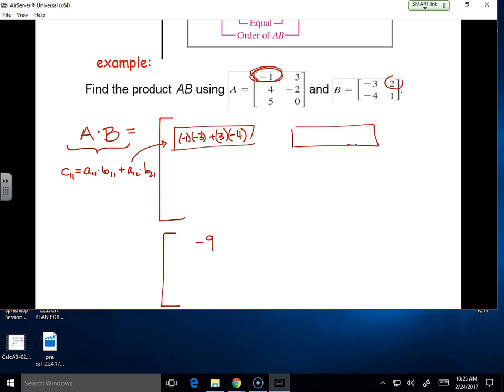A11 times crossover. It's time to do the next column. So negative 1 times 2. Go across, 3 times 1.